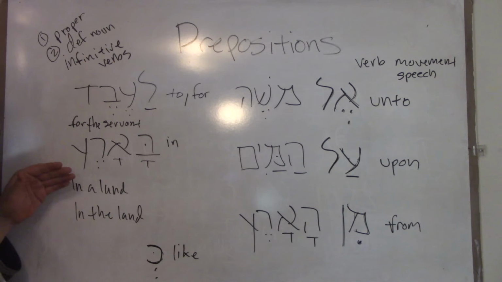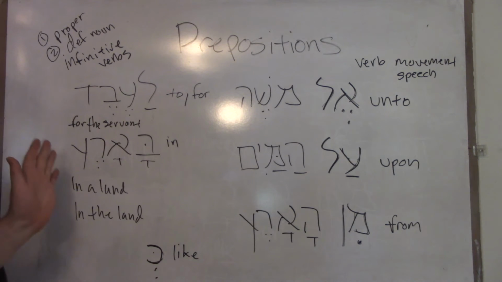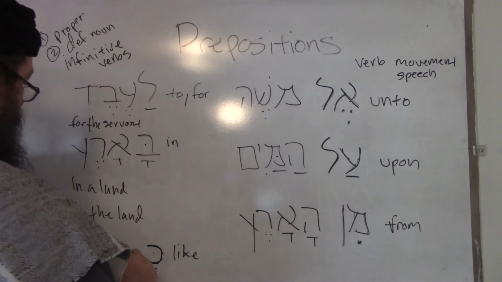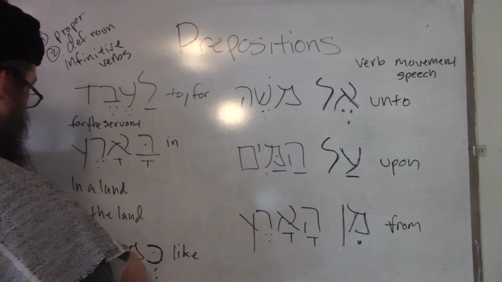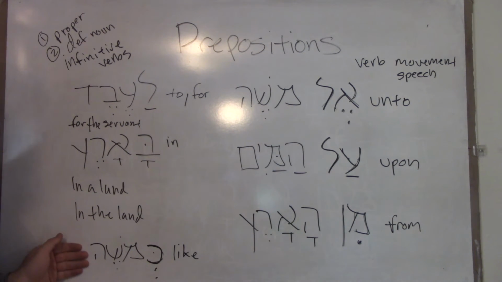So we have to just think about the fact that if we have the shwa, it's indefinite. If it's got a vowel, it's definite, okay? And the same thing with ke, like. If I wanted to say, for example, like Moshe, well, I know that Moshe is a definite noun, so it doesn't need the article.